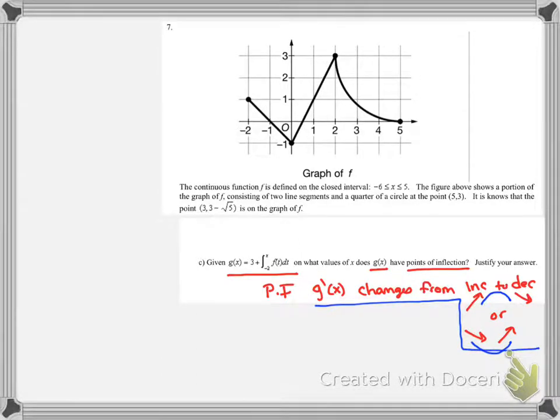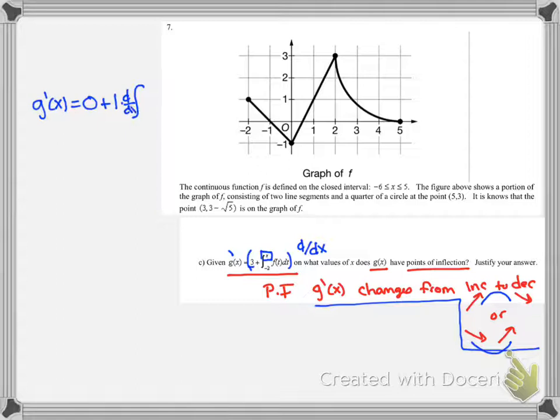So if g is given here, when I take the derivative of the left, then I'm going to take the derivative of this entire right side, and the derivative of the constant 3 will be 0. So as I think about g prime, that's going to be 0 plus, when I take the derivative of the integral of f of t, because this limit is an x and not a 2x, its derivative is 1, so I'll have 1 times the derivative of the integral.